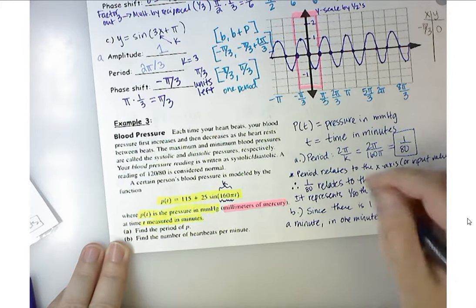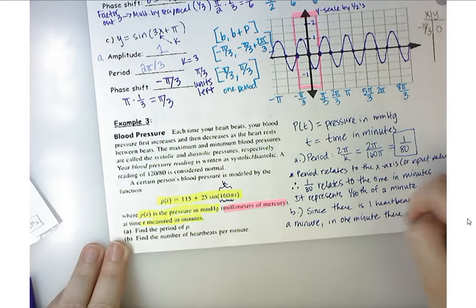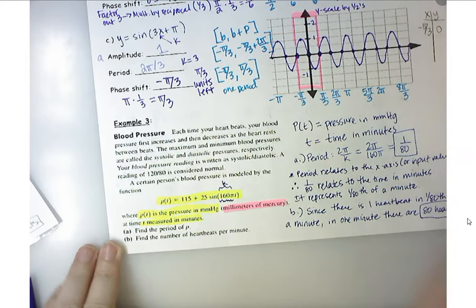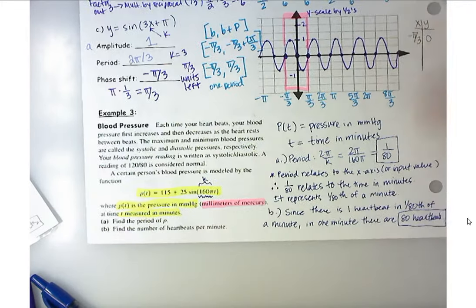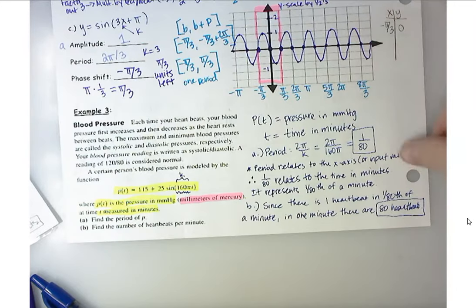In 1 minute, there are 80 heartbeats. Okay, so your period is going to relate to your x-axis, your input. So in this case, it represents the time. So it would be 1/80th of a minute. So if there's one heartbeat in 1/80th of a minute, that means that there are going to be 80 heartbeats in 1 minute.